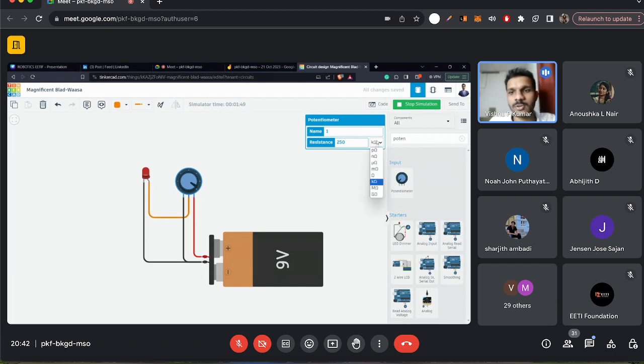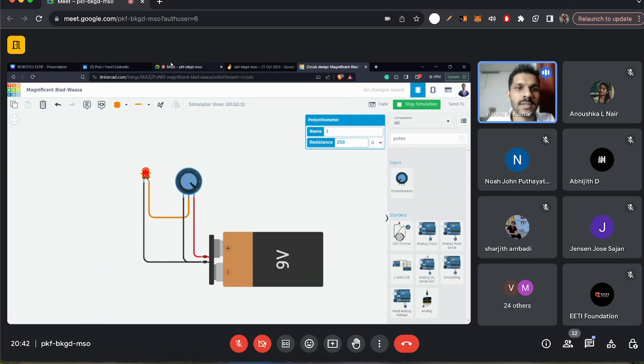So I'm just going to convert this into 250 ohms. Okay, so approximately when it reaches the center we are getting a brighter LED, then we are getting the warning and slowly it will blow out. Okay, at the extreme end it will get blown out.